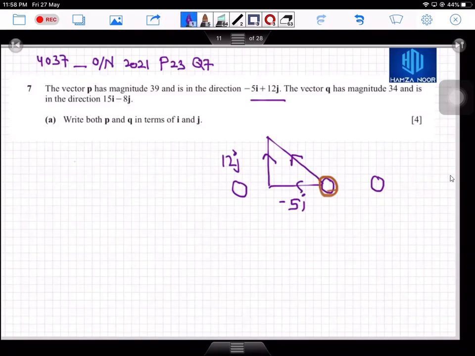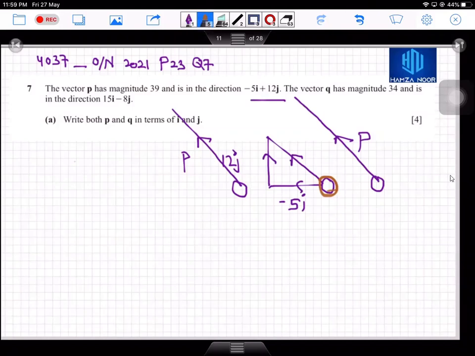In all of these three cases, I would say that the vector P is a scalar multiple of the vector minus 5i plus 12j. This is basically the concept. In these cases, vector P is parallel to the vector minus 5i plus 12j.